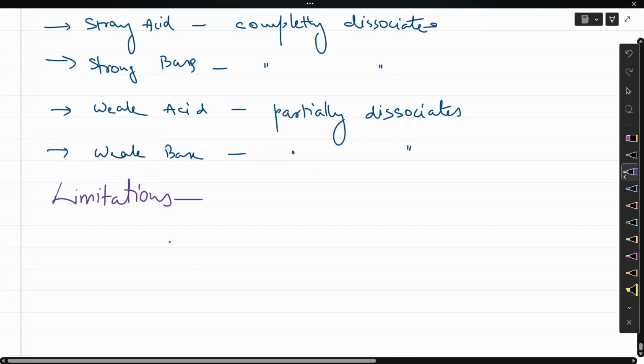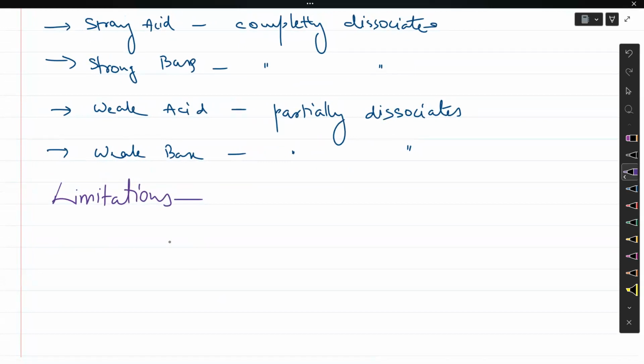The definition given by Arrhenius was very limited. Let's see how. For example, when we talk about NH3, so what is this?